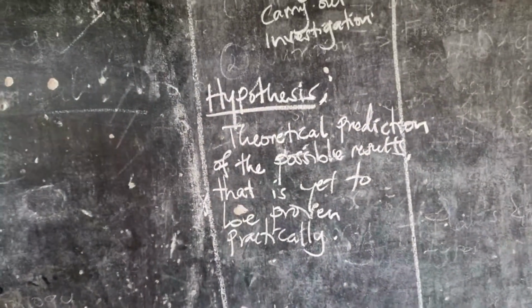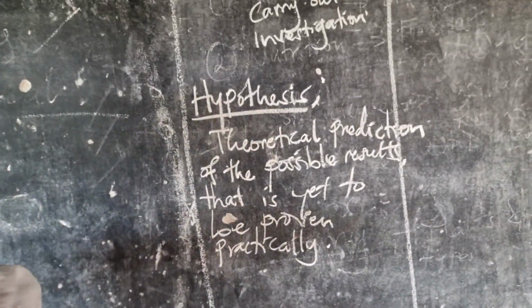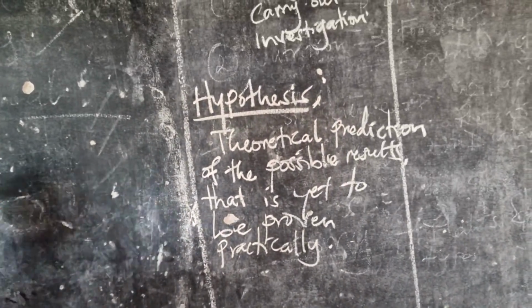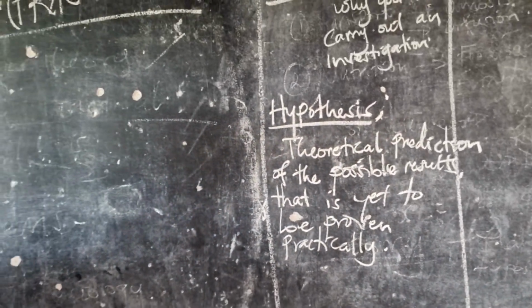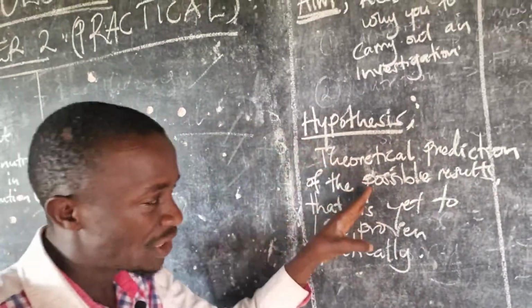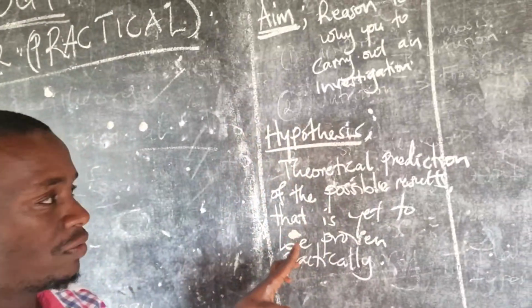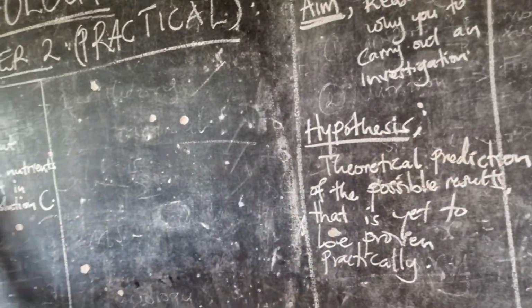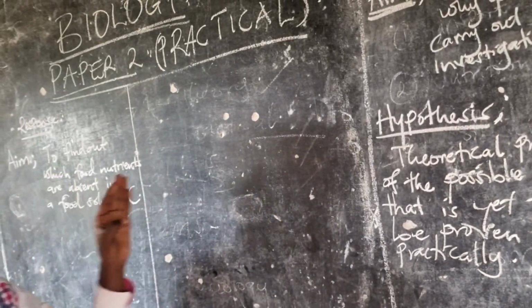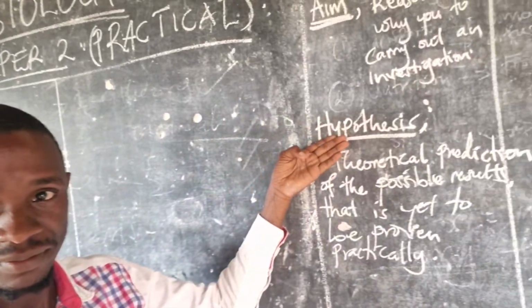The word hypothesis will always mean any theoretical statement you give, so long as it is in line with the aim. Predicting results, whether right or wrong, so long as it is in line with the aim, will be a hypothesis.